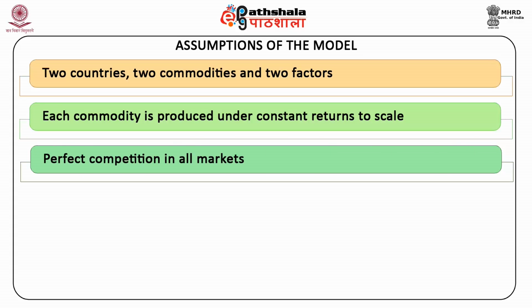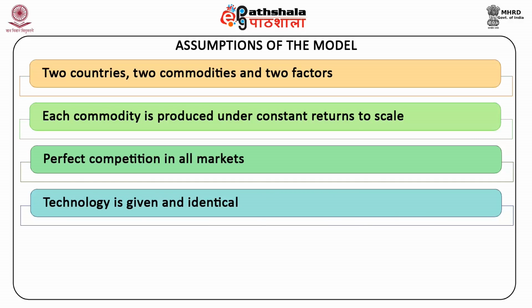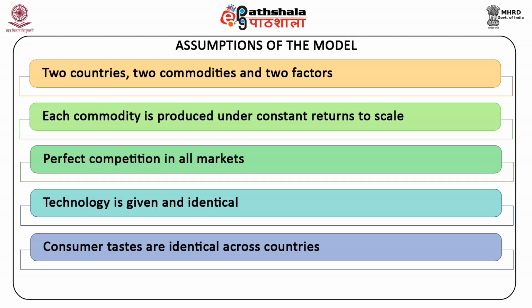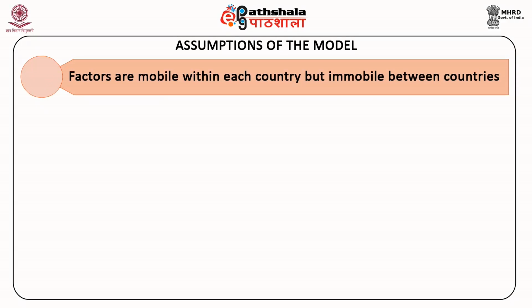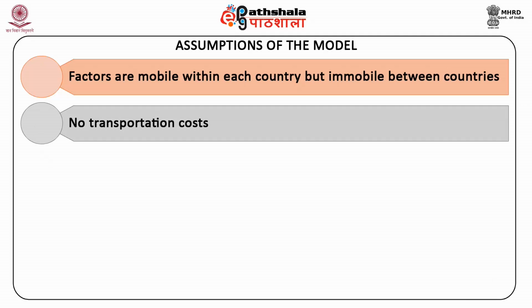Perfect competition in all markets. 4. Technology is given and identical. 5. Consumer tastes are identical across countries. 6. Factors are mobile within each country but immobile between countries. 7. No transportation costs.